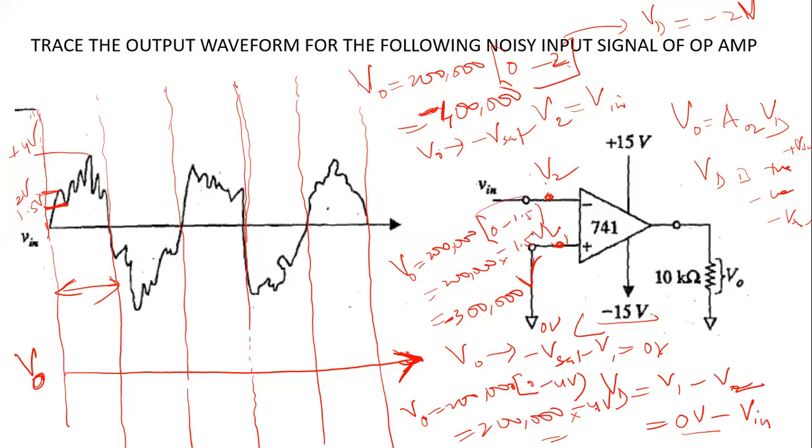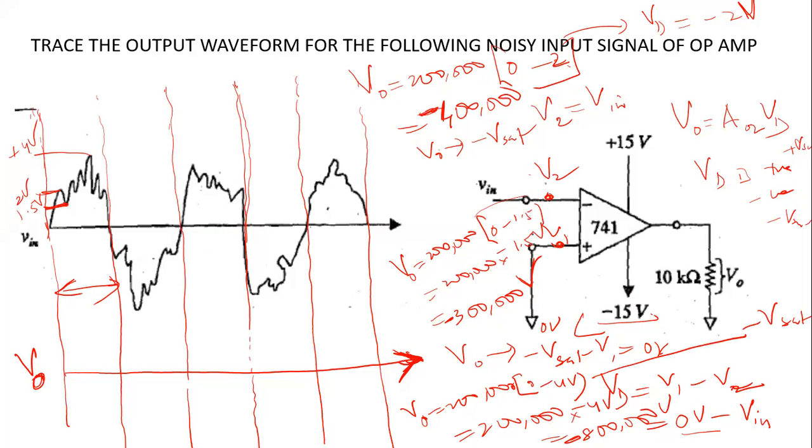So this will be 4 into 2, that is 800,000 volt, complete minus. So the output voltage will tend to go to minus 800,000 volt. But the supply voltage given here is minus 15 volt. It will not go beyond that. So here also the output will saturate to negative V sat.